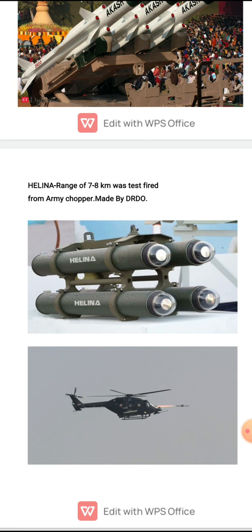So generally you can see this helicopter below and of the Indian Air Force, and it is firing the Helena missile. So like the anti-tank missile protects tanks, the Helena missile is used to protect the helicopters, or it is used to destroy the enemies in the air.